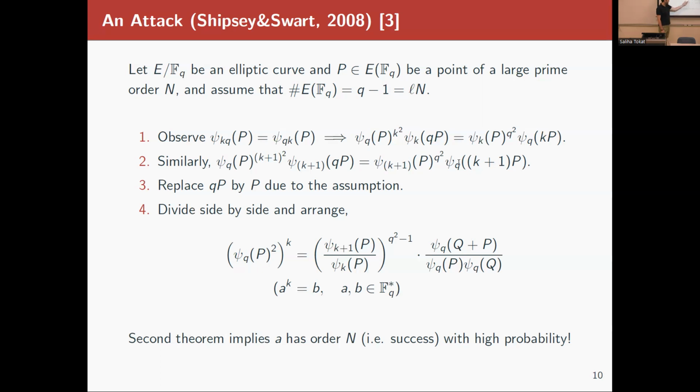Like q squared P and this. Observe that this is actually a discrete logarithm problem, which is simpler than the original discrete logarithm problem. So we can attack this, but I want to say one more thing. From the elliptic curve equations, we can get that this psi q term has only order 1 or order n.